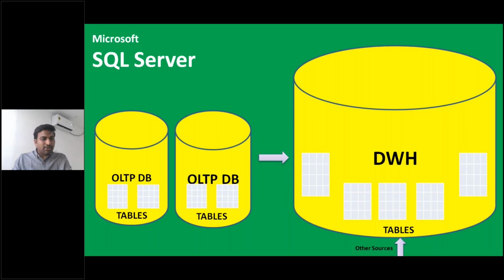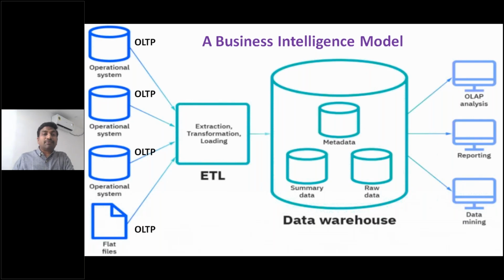In reality, usually we see multiple showrooms and a common godown: multiple OLTP databases and a common data warehouse in general. And from here comes a very, very important end-to-end BI model. Any project you take includes some developers, data analysts, data engineers, and database administrators, purely based on a BI model, the business intelligence model.